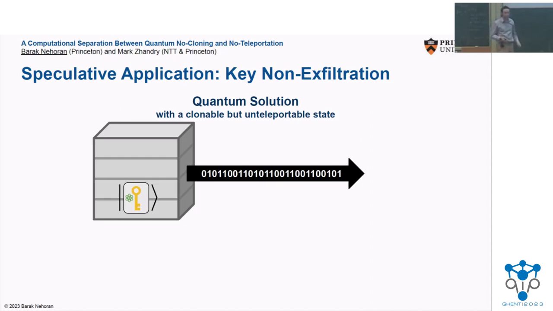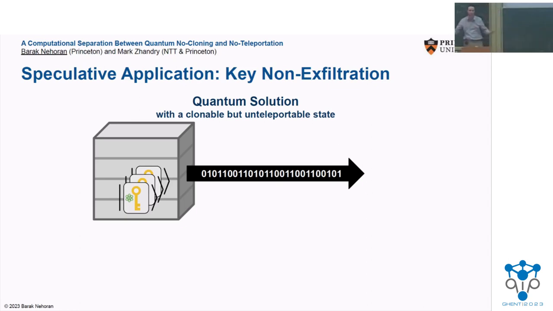And so, if you're able to encode the key into a clonable but not teleportable state, then what you could do is clone it as many times as you want on the server, so that you can run these cryptographic tasks in parallel. Suppose you have thousands of clients all making queries at the same time.